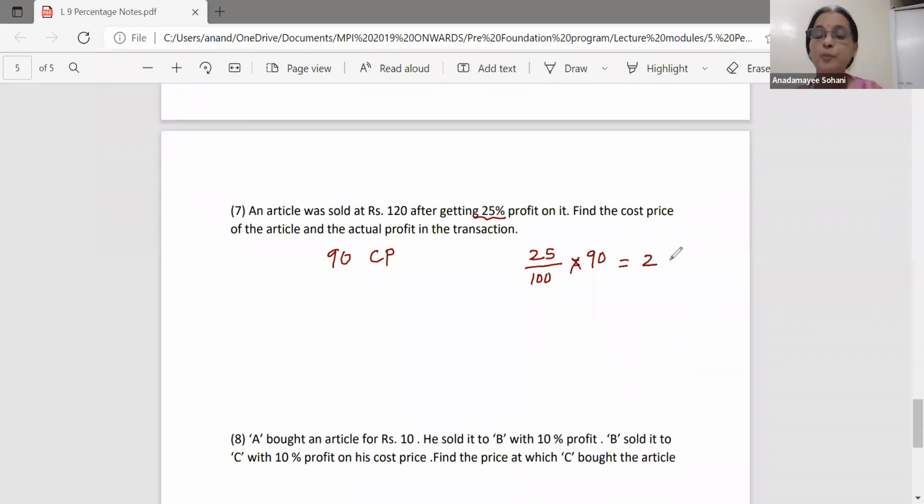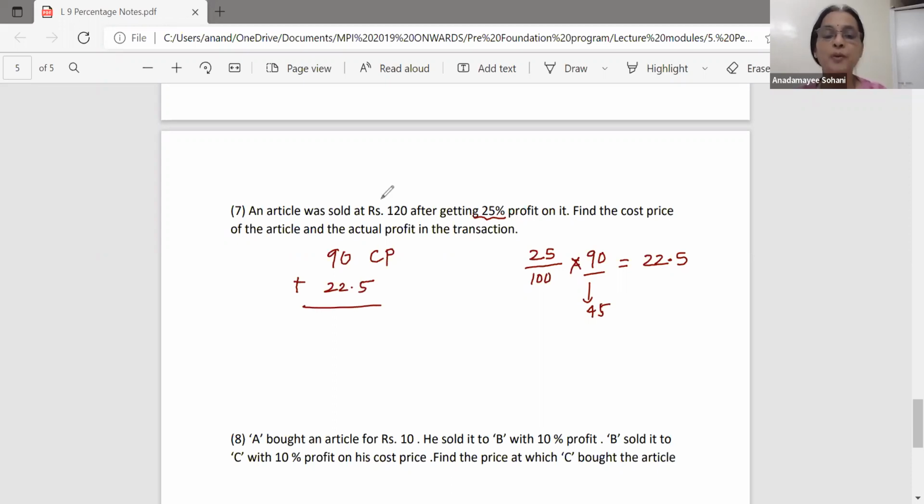How did I find it? Find half of 90, which is 45, and half of 45 is 22.5. So 22.5 will be the profit. If I add that to 90, I will not get the sale price. It is not coming to 120.